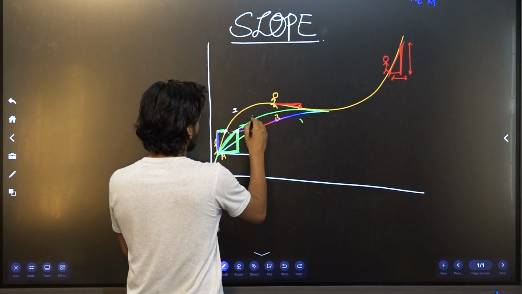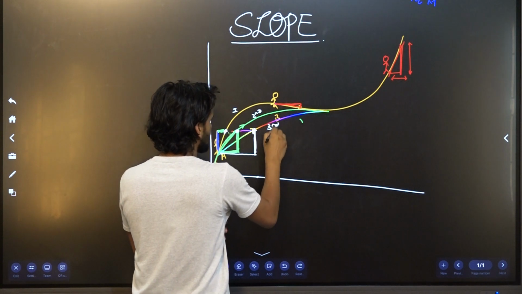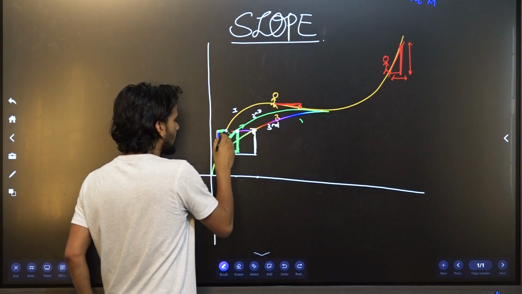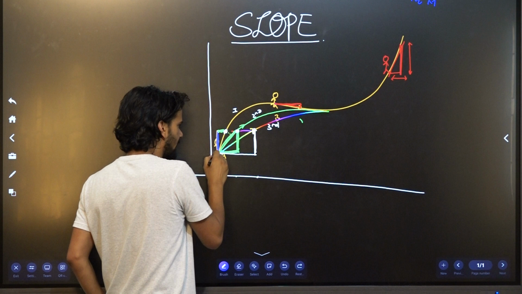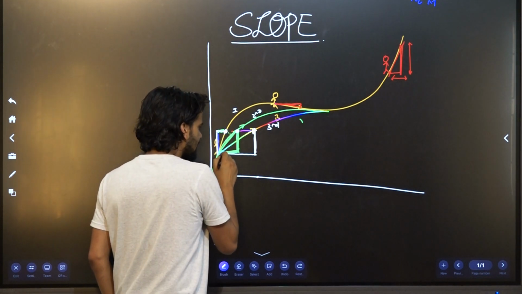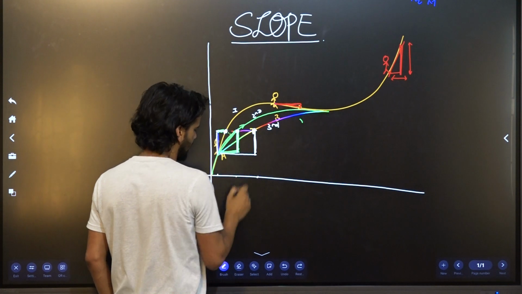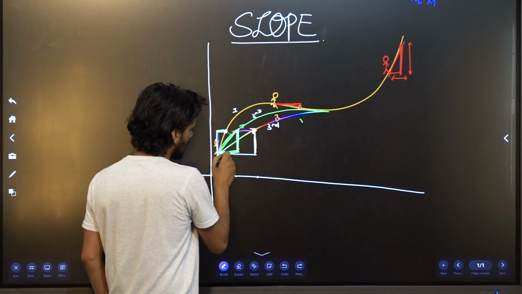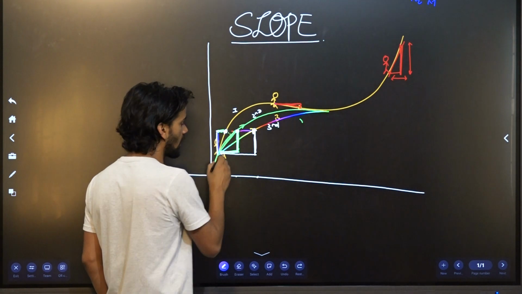But what is happening in the first, the second, the third? What is the only difference? To reach this height, you are covering the same vertical distance but less horizontal, and more horizontal.